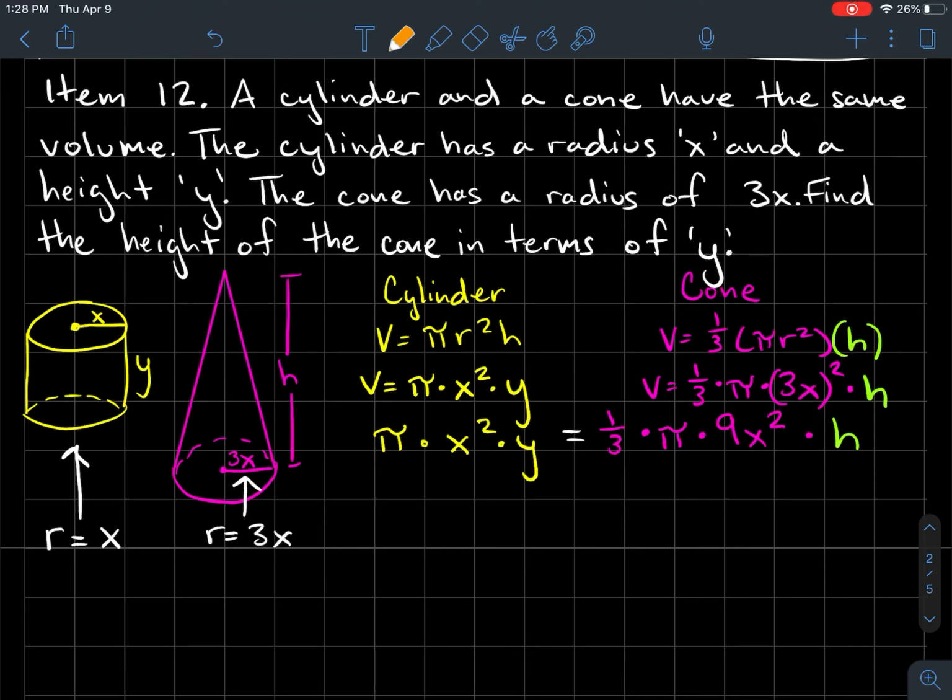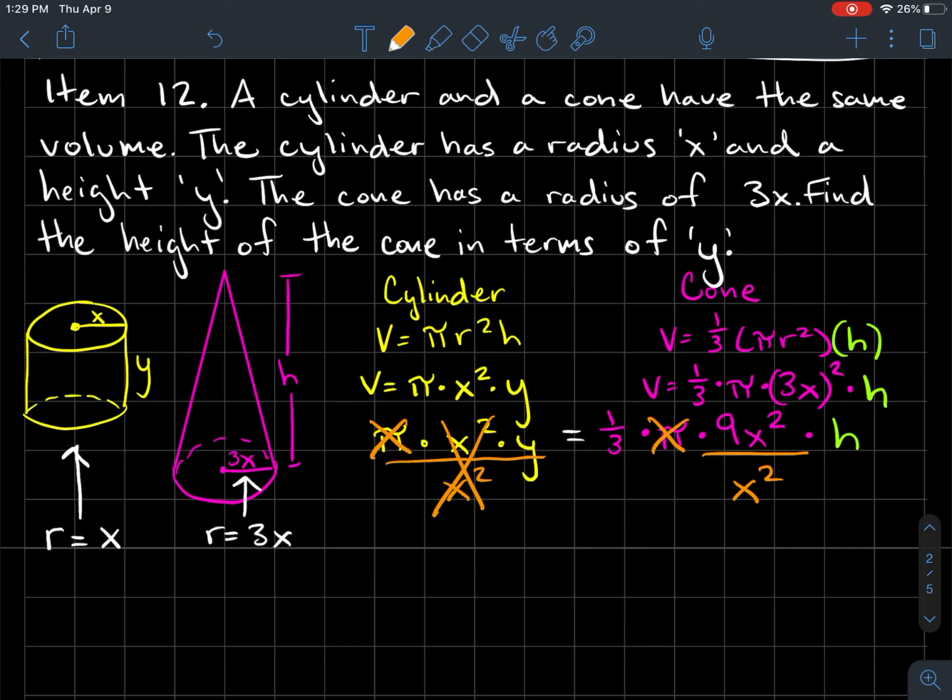So algebraically, what could we do? What do you notice both sides have in common? They have this pi, so let's get rid of the pi. What else? On the left-hand side, we have an x squared. So if I divide both sides by x squared, I can eliminate my x squared.